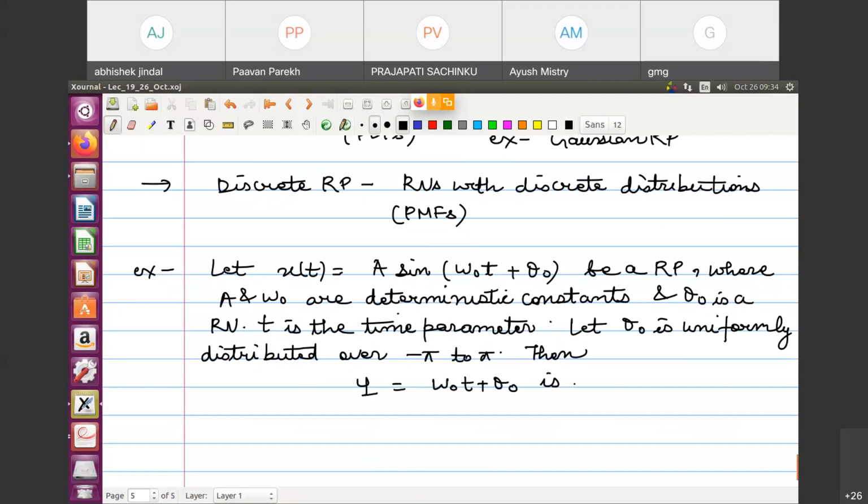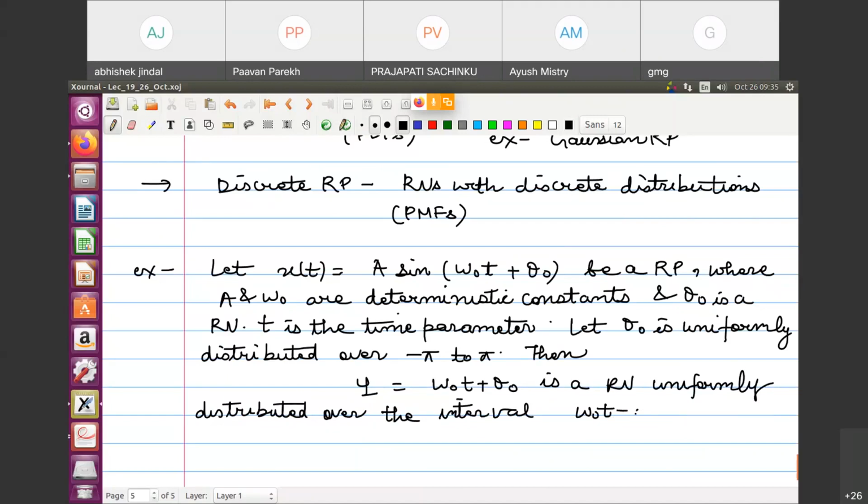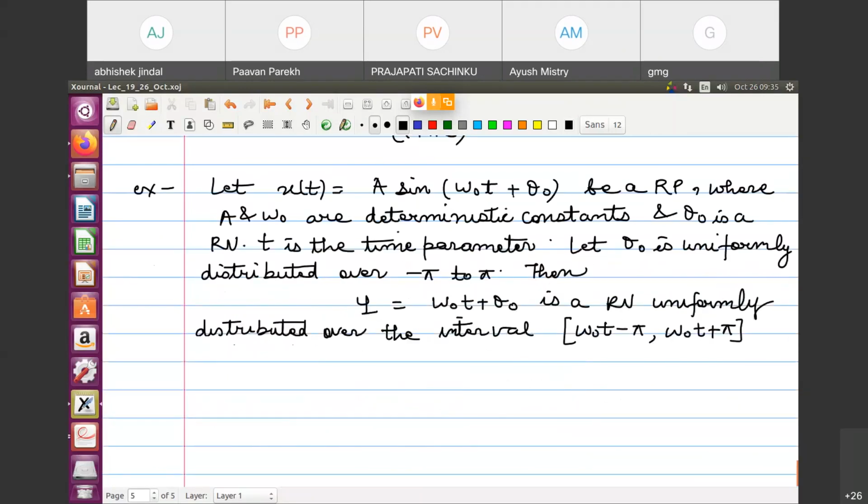For a particular t, obviously, it is a random variable uniformly distributed over the interval omega naught t minus pi to omega naught t plus pi. This is quite easy to derive. Since theta naught can take values from minus pi to pi, zeta will be distributed uniformly over this interval.